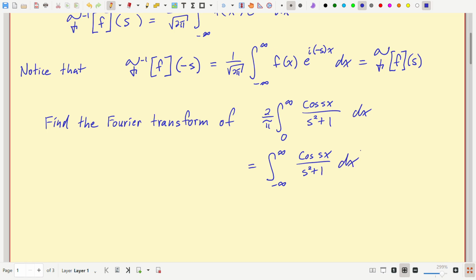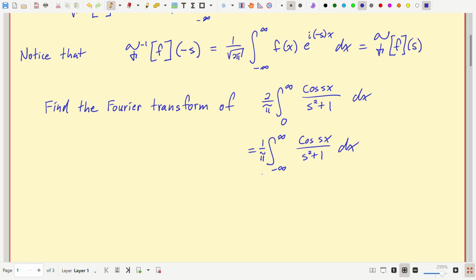But, right, that's a function of s when I integrate that.